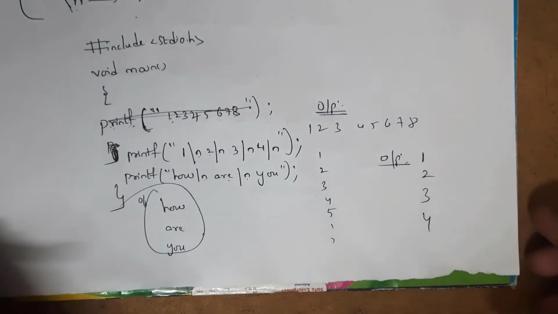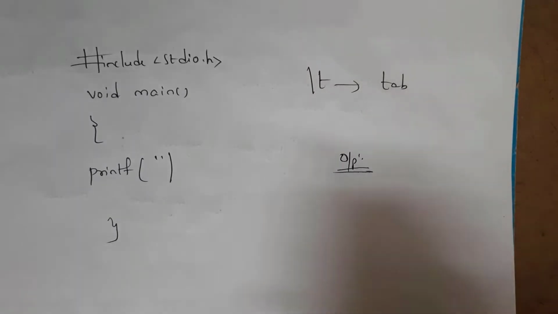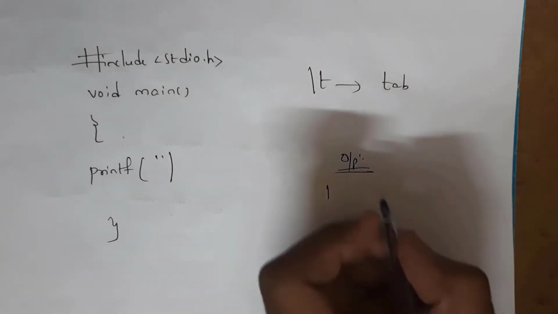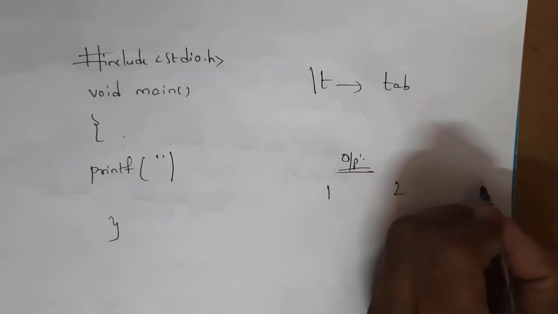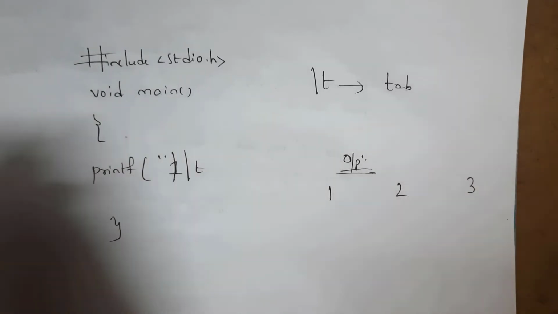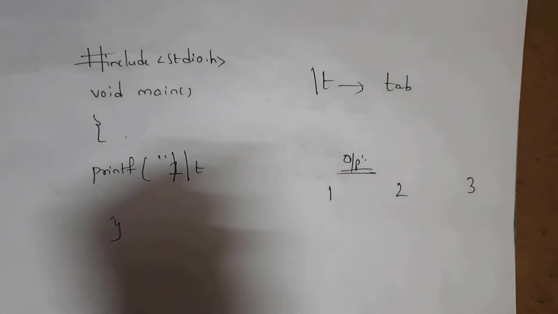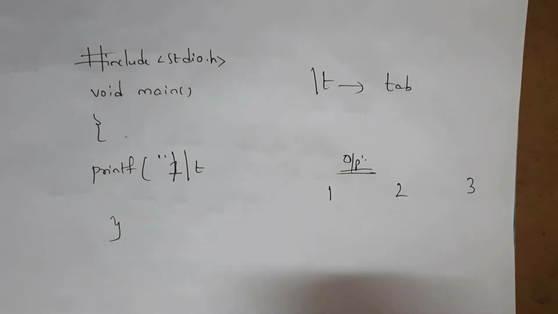Next I will explain the use of \t, where \t stands for horizontal tab. For example, I want to print output like this one. After some gap I need to get 2, and after some gap I need to get 3. Here at first I am writing 1 \t, where \t stands for horizontal tab. Whenever you press tab, however much space you get, that much space you will get by using \t.